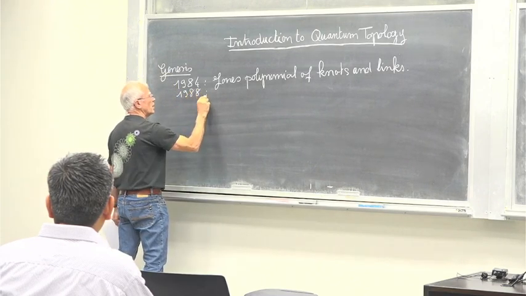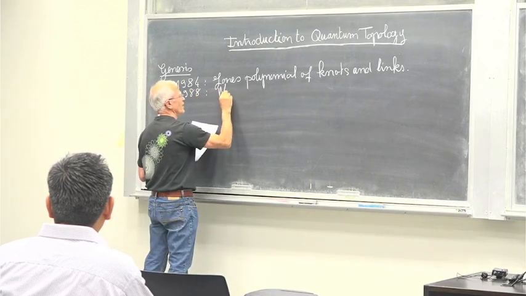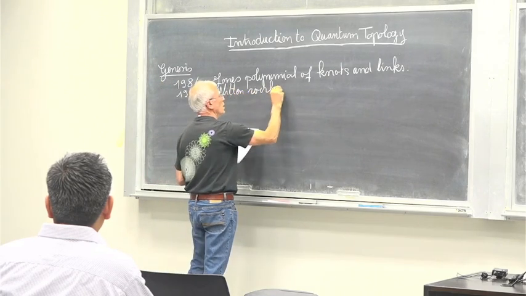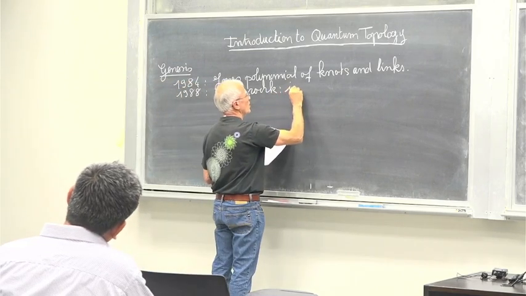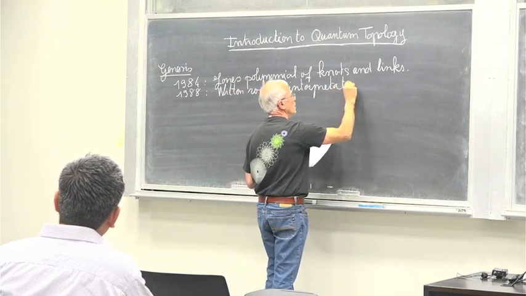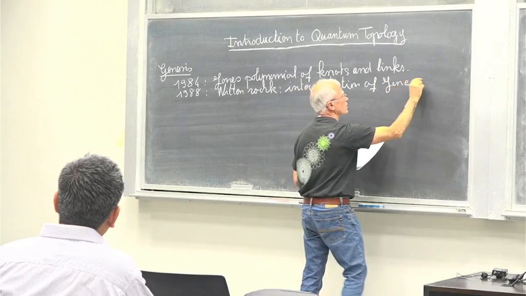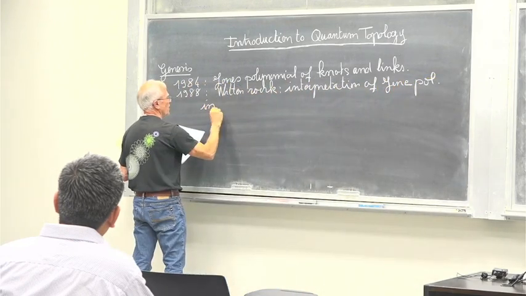In 1988, we had a contribution by Edward Witten. What he said at that time is, let's say, an interpretation of the Jones polynomial in terms of QFT, quantum field theory.